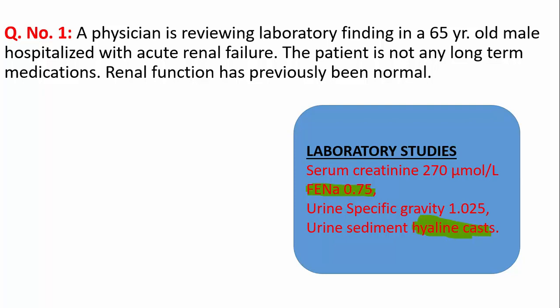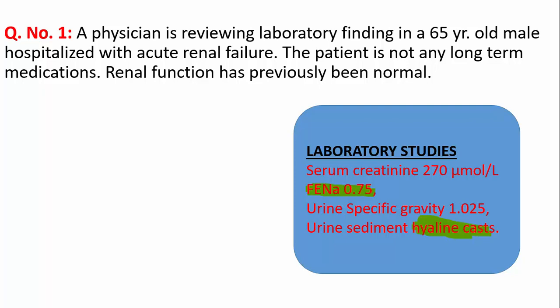When we see in a patient that fractional excretion of sodium is less than 1%, we should have in mind a pre-renal cause of the kidney injury. We know that there are pre-renal, renal and post-renal causes. In pre-renal cause, for example dehydration or hypovolemia, there will be increased levels of aldosterone and the kidney will preserve and reabsorb more sodium.